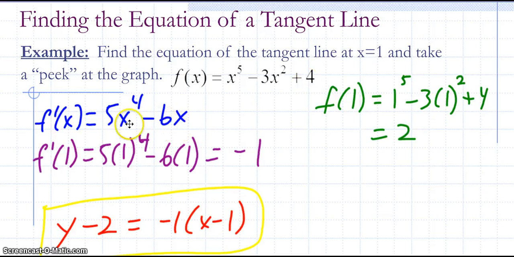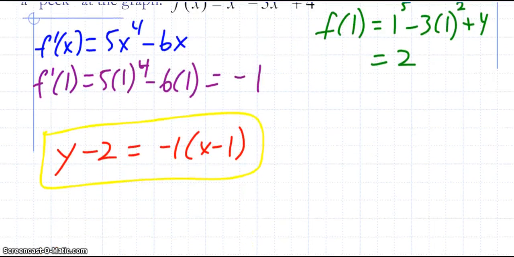The derivative of 4 is 0, so the derivative of f of x is 5x to the 4th minus 6x. Then find f prime of 1 so that I can find the slope of the tangent line when x is 1, and I get negative 1. So now I can write the equation of my tangent line in point slope form. So it's y minus 2 equals negative 1 times the quantity x minus 1.